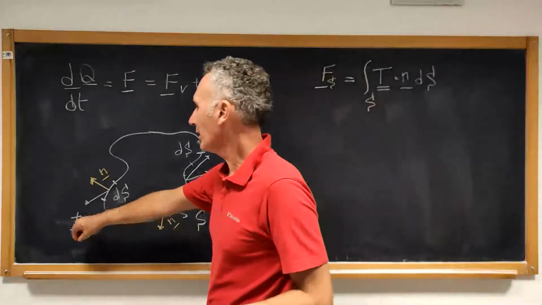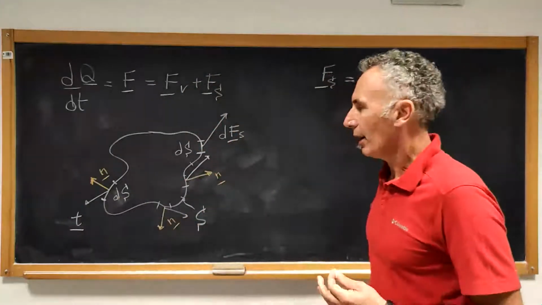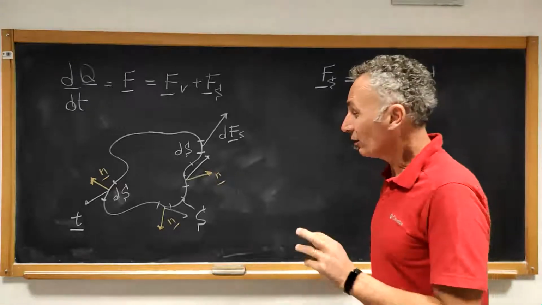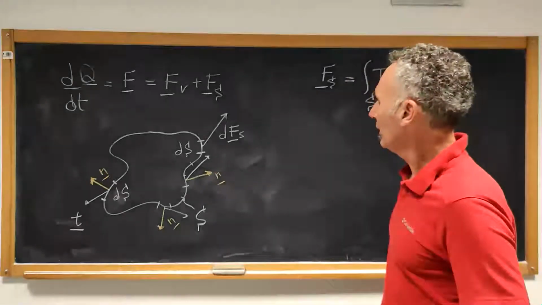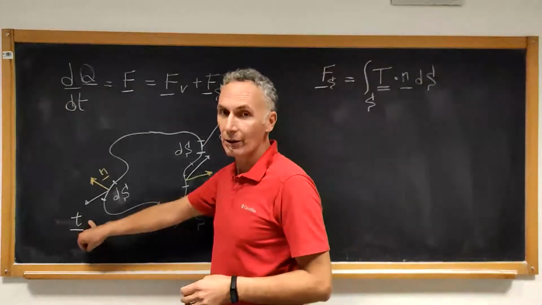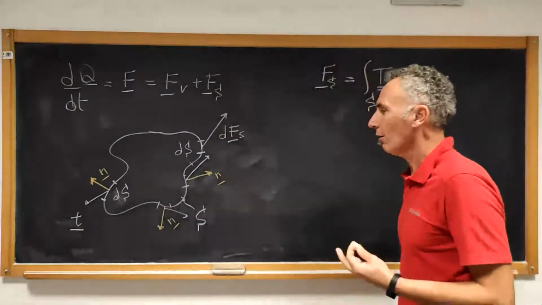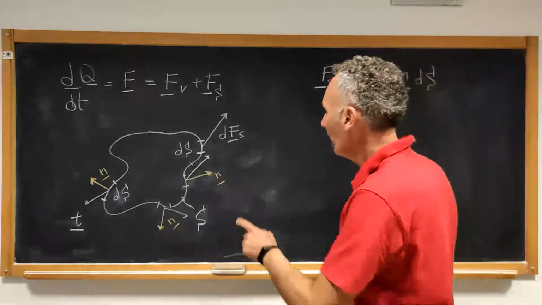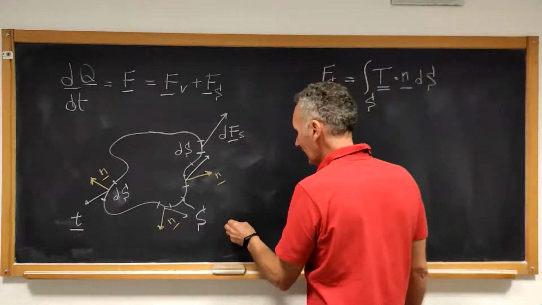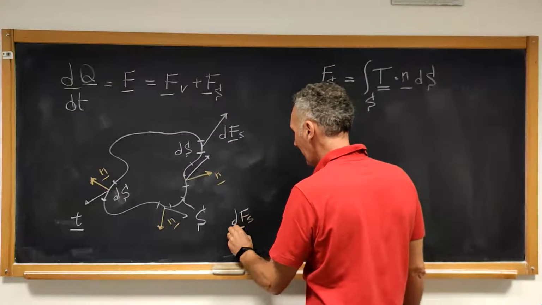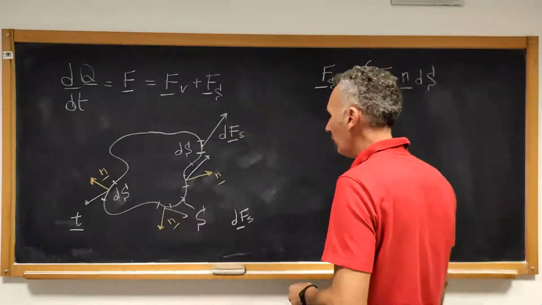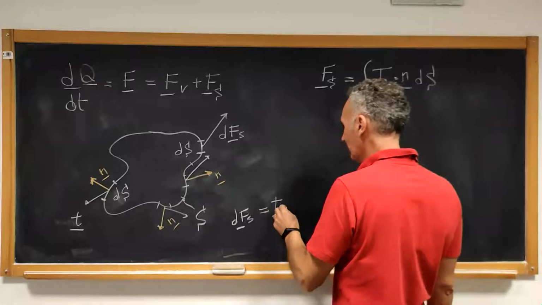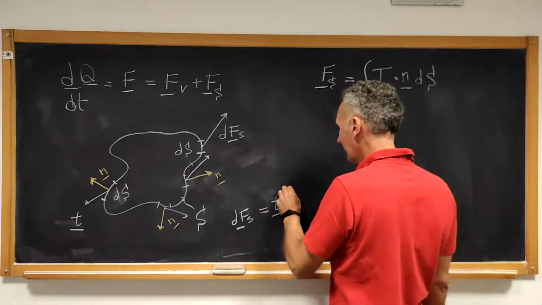So let's consider this tension vector as a force per unit surface. So it is not a stress, it is indeed a vector, because a stress would be a tensor. So this is a vector, but it has the dimensions of Newton per square meter in the international system. So we might write, for example, that dFs, so the local infinitesimal force, is nothing but the local tension times ds.